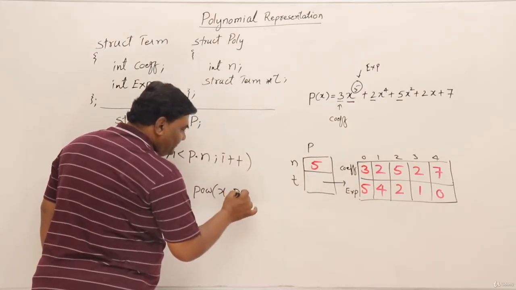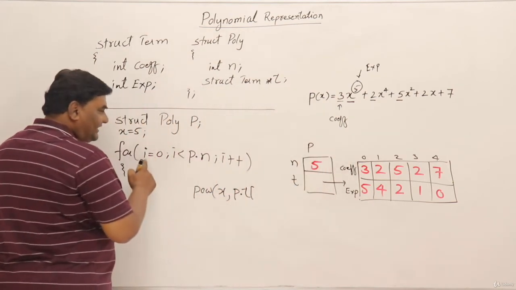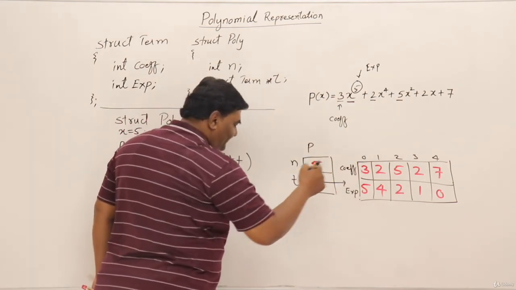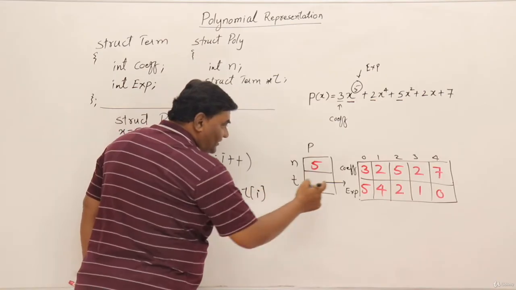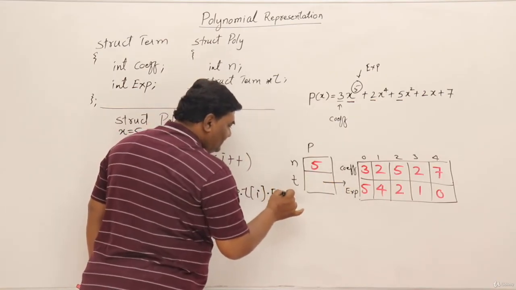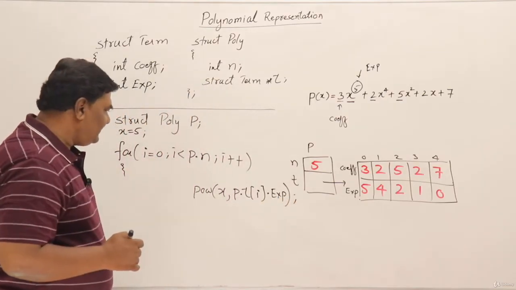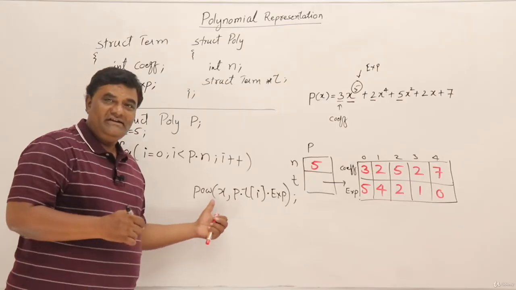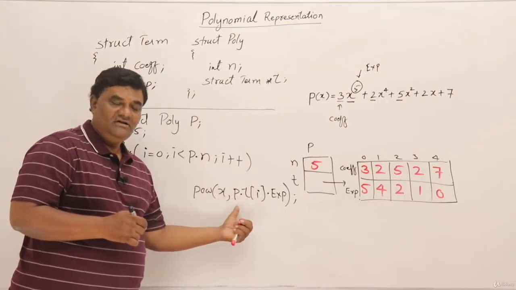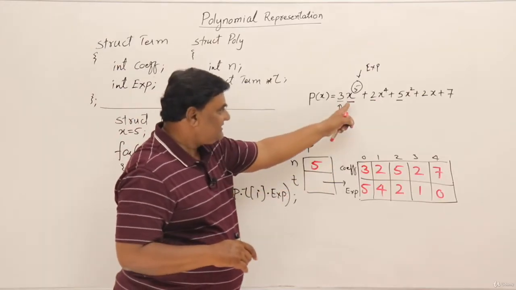Instead of 0, I will write i so that I can access all of them one by one: P.t[i].exponent.exp. There is a power function available in the math.h header file which will raise x to this power. So we got x to the power, for x = 5.